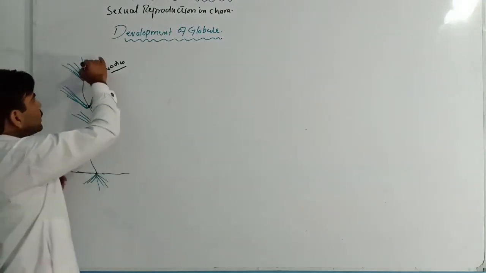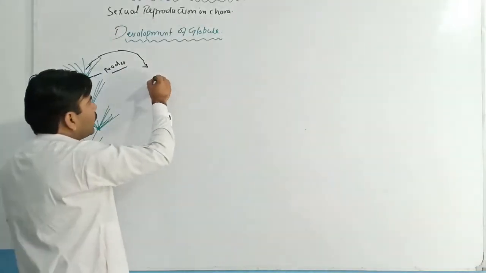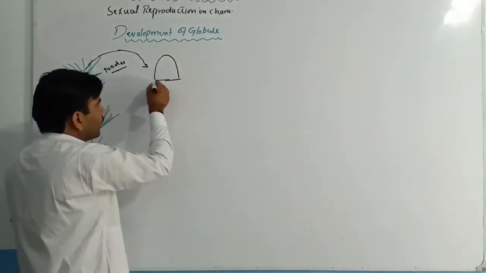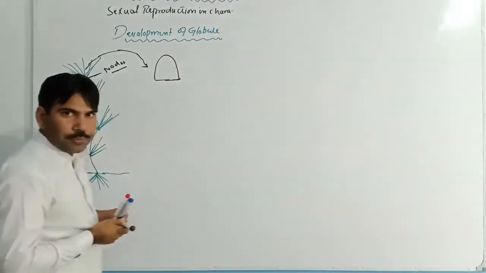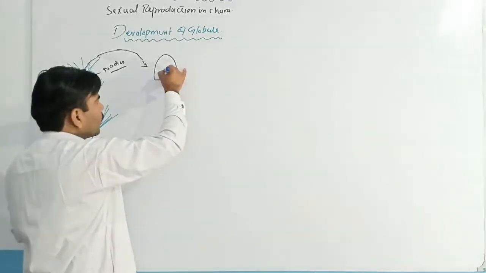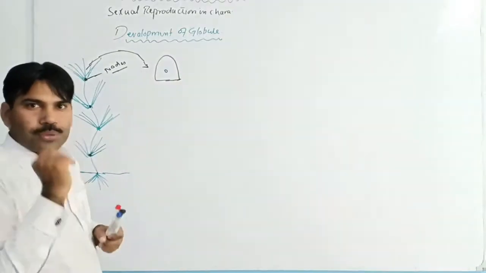And we take this cell like this. For example, this is a nodal cell present at the node. This nodal cell divides and produces two cells.